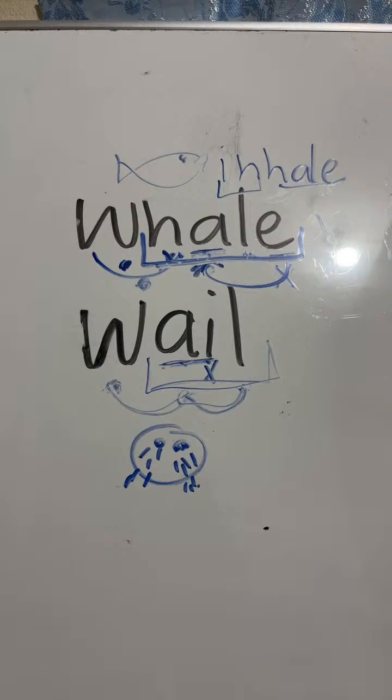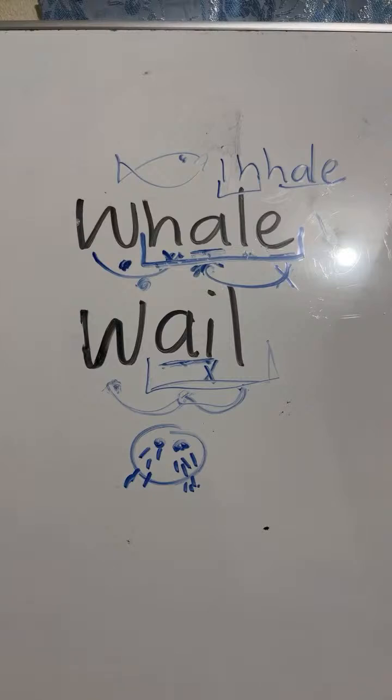Because we know what ailment means, when somebody is ailing, or when they have an ailment. It simply means that they are in pain or in trouble, in distress, or worrying. That's what the word ail means.